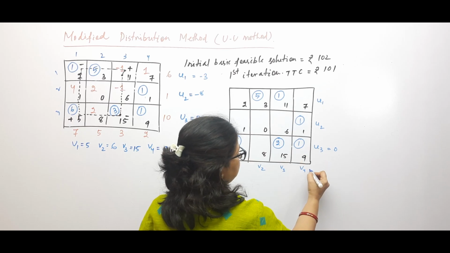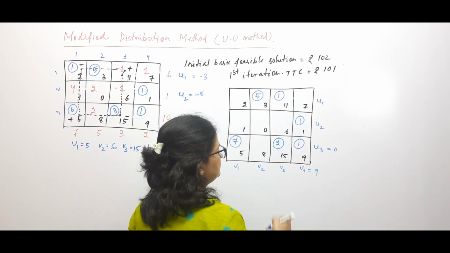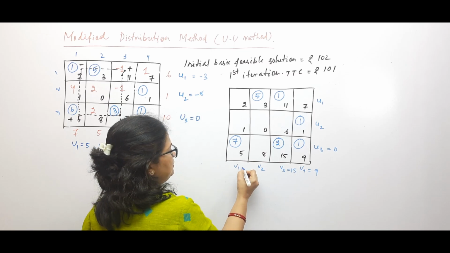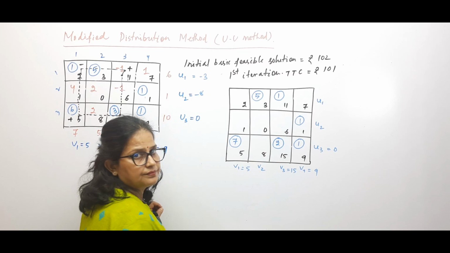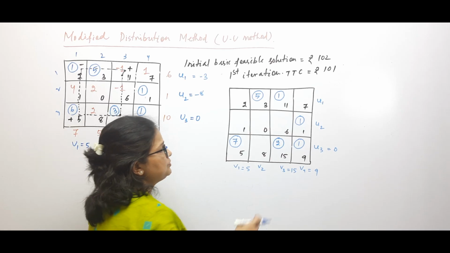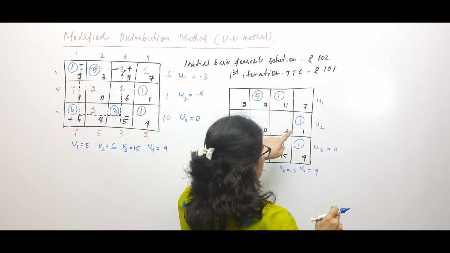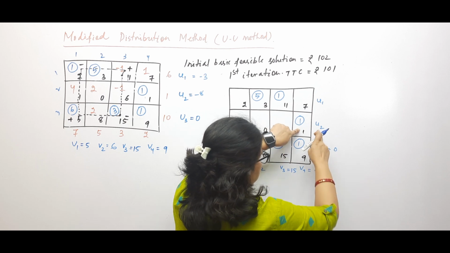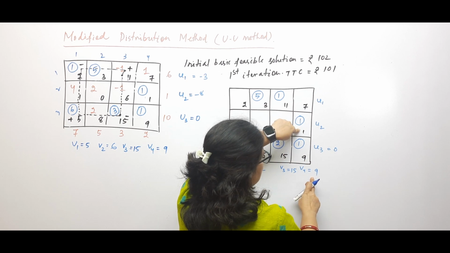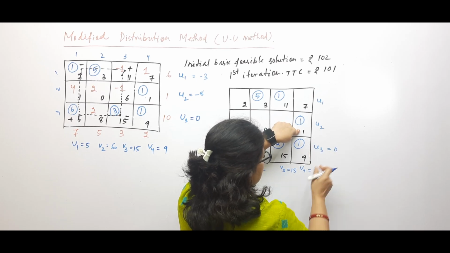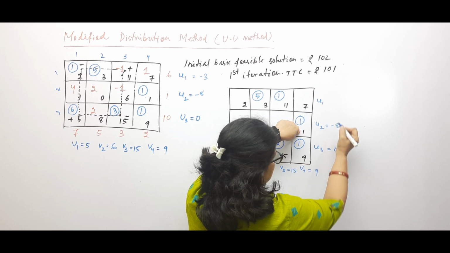So what will be V4? V4 will be 9. This V3 will be 15. This will be 5. Now what is U2? Cij equal to U2 plus 9. So 1 equal to U2 plus 9. So U2 will be minus 8.